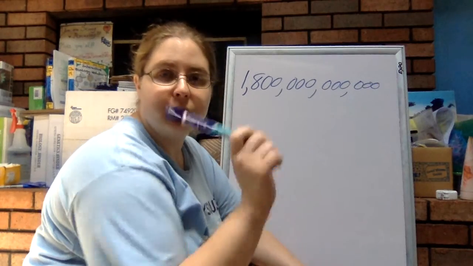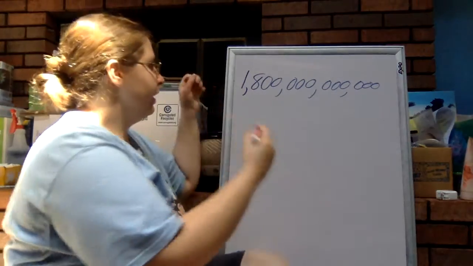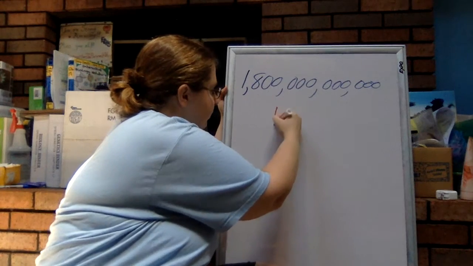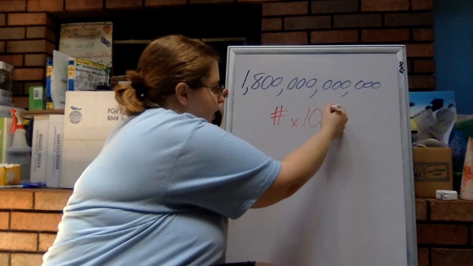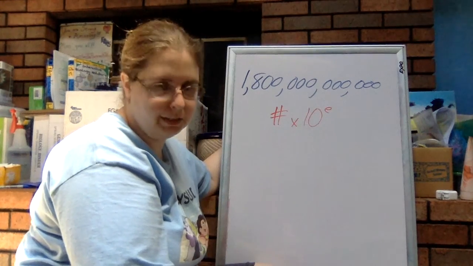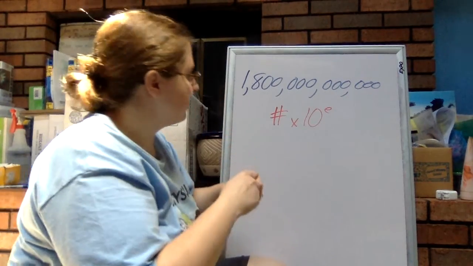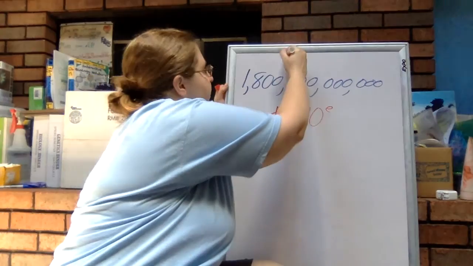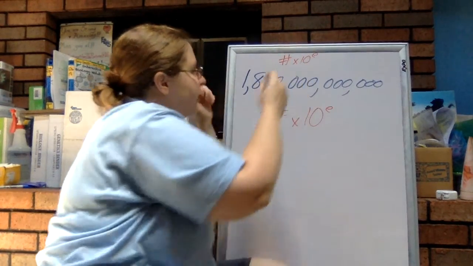First thing you have to know is that scientific notation has a few basic parts. You have your number times 10 to some kind of exponent. Very easy formula. So for this one, I'm going to rewrite that up here: 10 to an exponent.